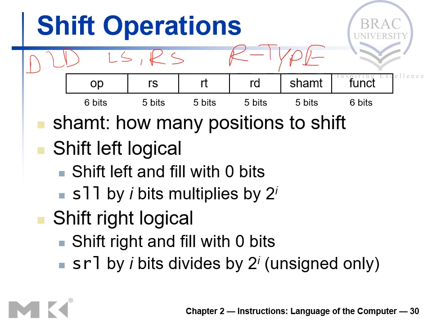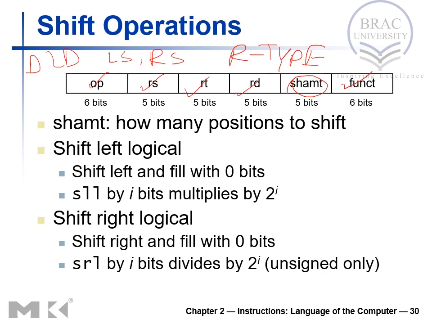We already know from the description of the R-type instruction format that we had opcode, RS, RT, RD, and here we have a shift amount field, and then we have the function field. This shift amount field identifies the number of bits that we need to move left or right.